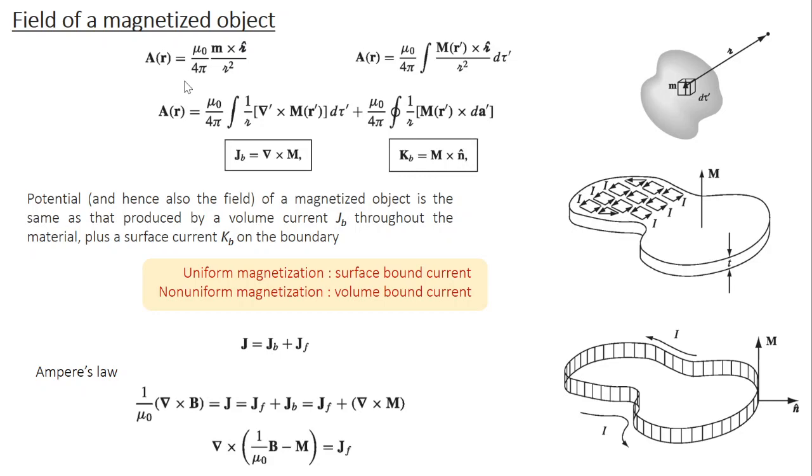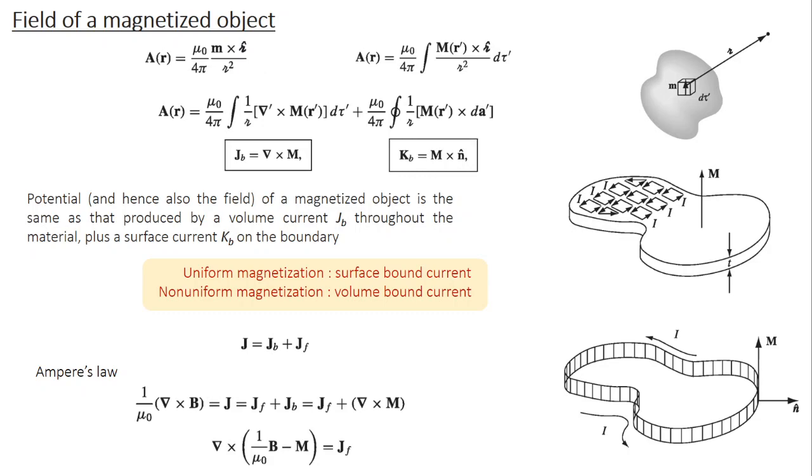Now let's quickly calculate what is the field or the potential associated with a magnetic dipole. So this is given by the Biot-Savart law. So if I have a magnetic dipole with moment small m, at a distance r from this magnetic dipole, the magnetic potential is given by A(R) equal to mu naught over 4 pi, m cross r cap by r square.